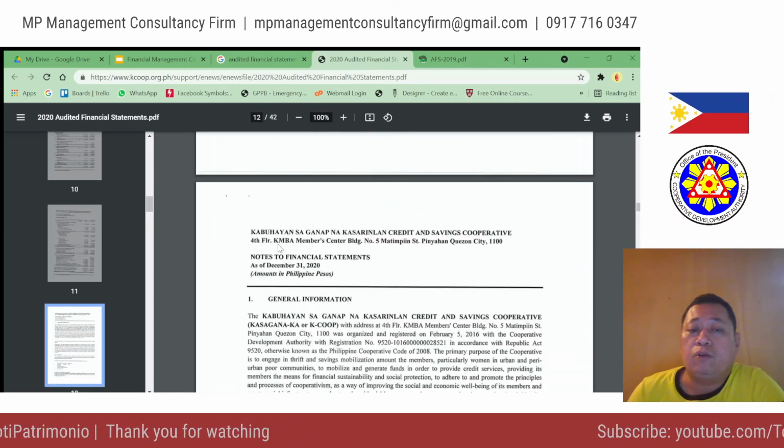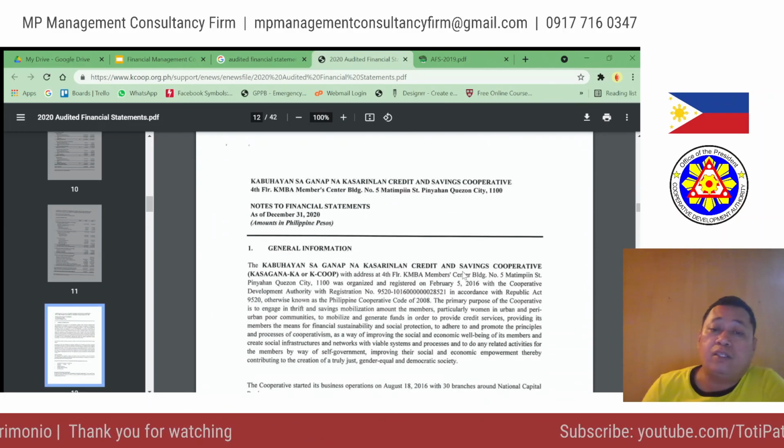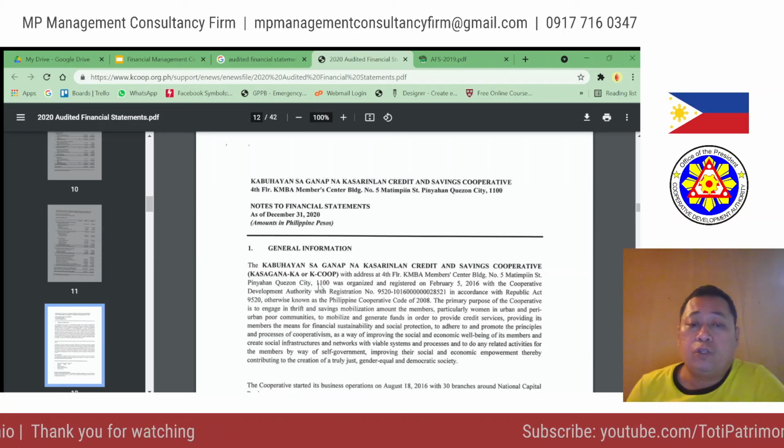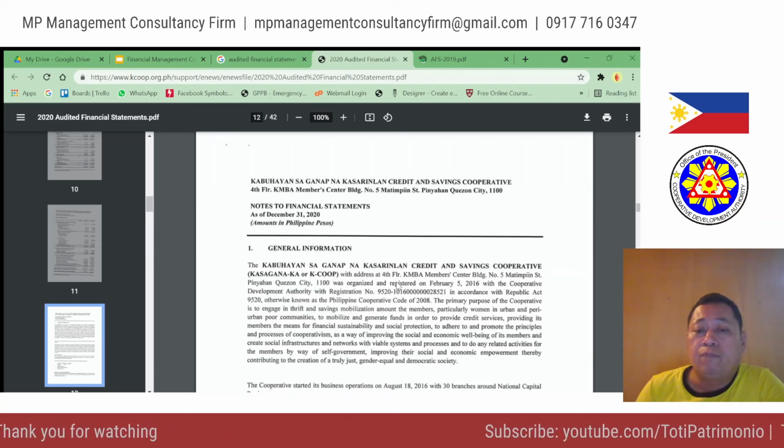The last one is the notes to financial statements. The notes to financial statements present the general information of the cooperative.